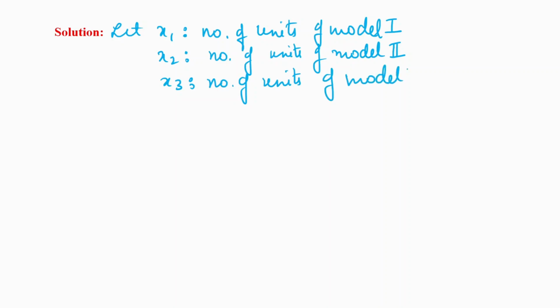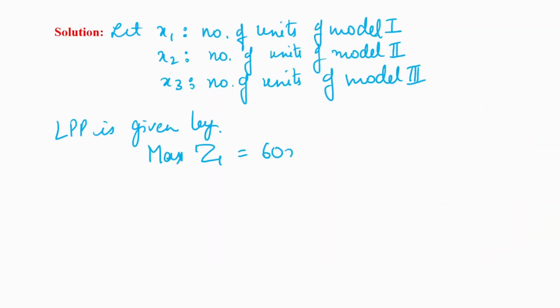So when we are formulating the LPP, because we have to maximize the profit, the objective function would be maximize Z. It was 60, 40 and 100 rupees respectively, so it would be 60x1 plus 40x2 plus 100x3.